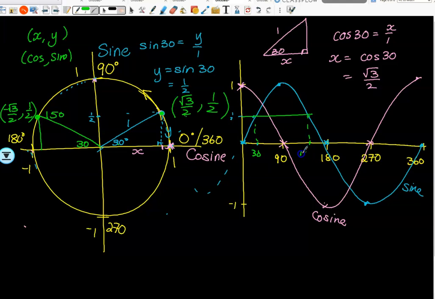30, 150. Where this is going is that in year 9 and in year 10 at the start, when I said sine of theta is a half, you went, yeah. To get rid of the sine, you did sine to the minus 1 of a half, and it gave you 30 degrees, right?